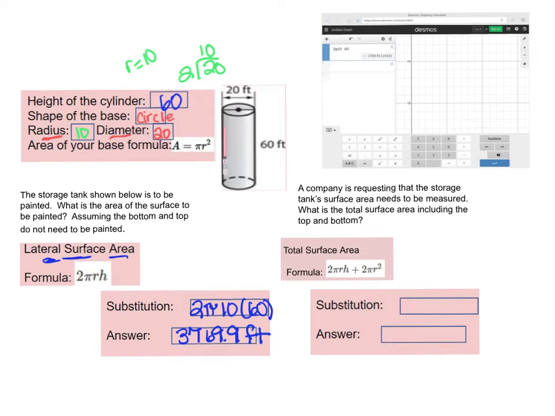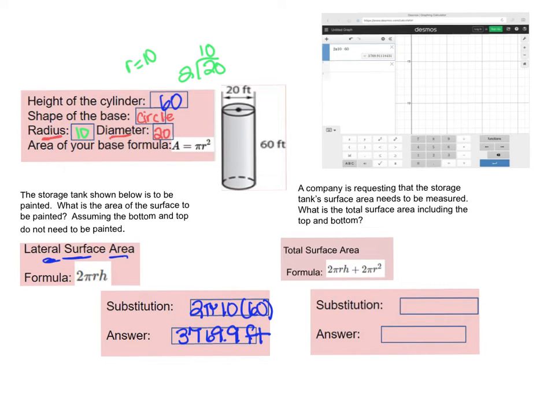We want to know the outside edges of the round part plus my two bases. So we need the area of this little circle, plus my lateral surface, which is right here, plus the area of my two bases. Putting those two bases into play will give us the whole surface area of this whole cylinder.